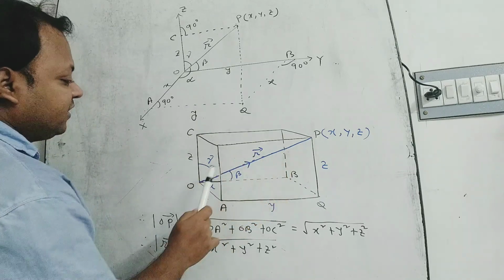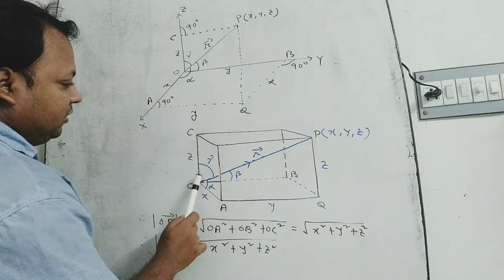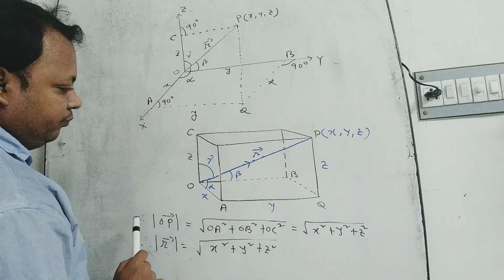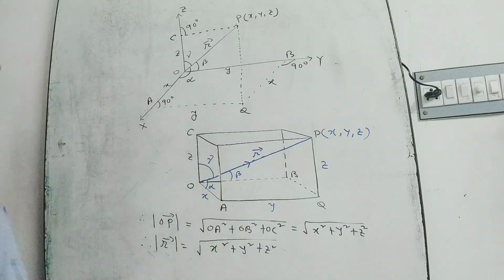OP makes angle gamma with the positive z-axis, that is angle POC is equal to gamma. By trigonometry, we can also write the following relations.